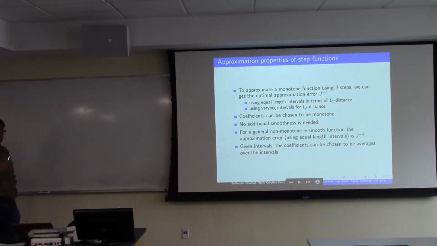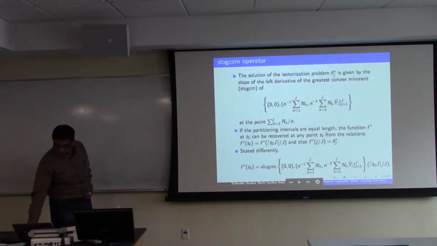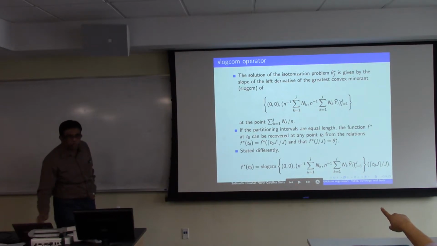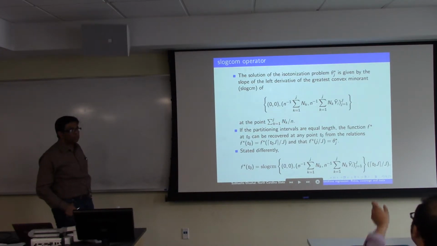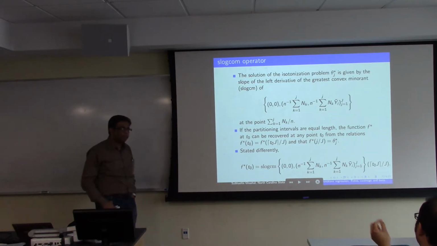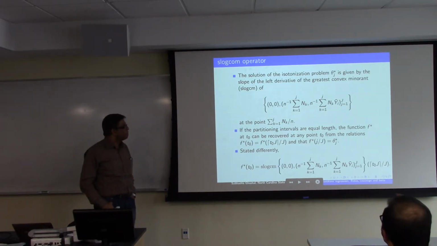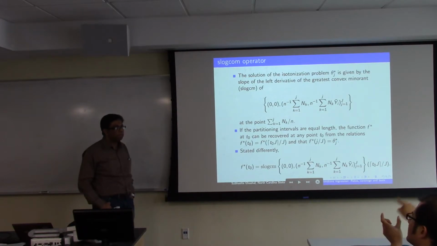So can you go back one slide? Essentially what you want to do is, given this point, the summation of n_k divided by little n, you want to find the two x coordinates, which is 1 over n summation, that cradle this, and then you look at the slope.